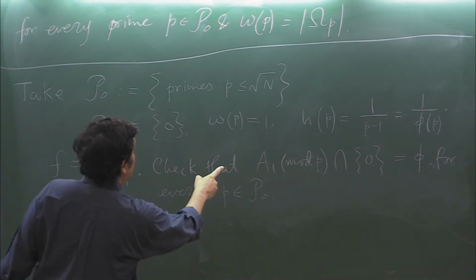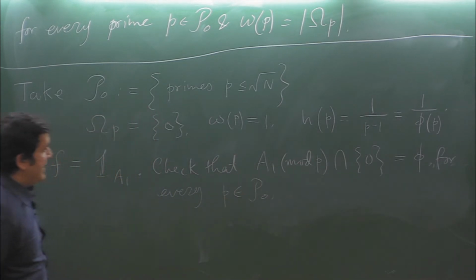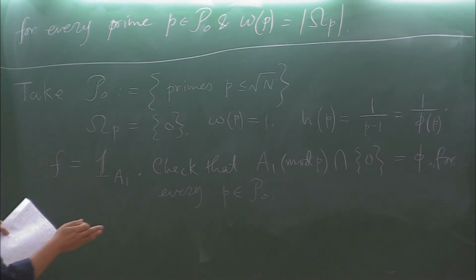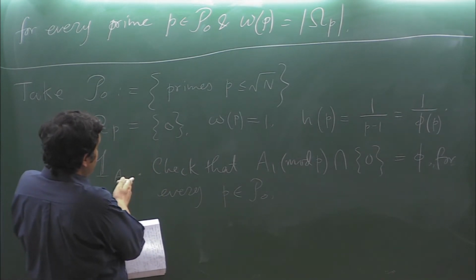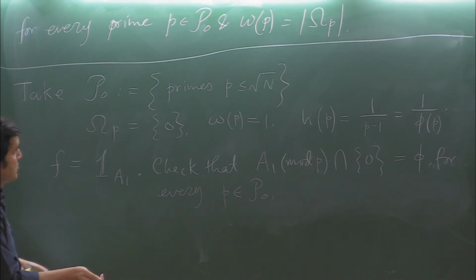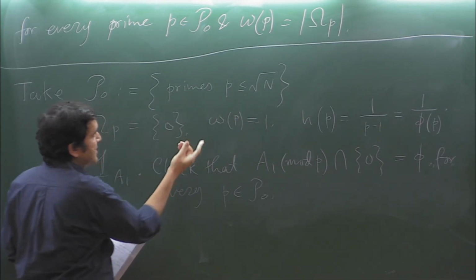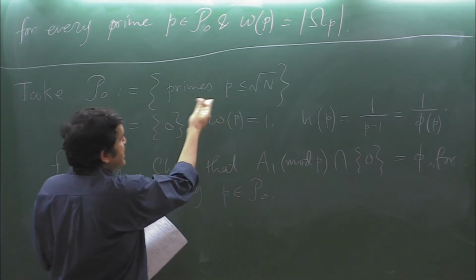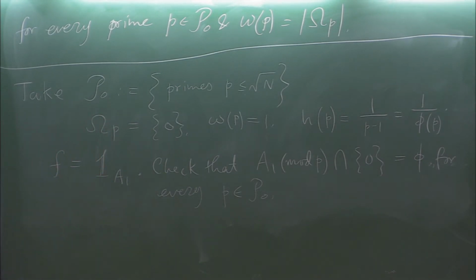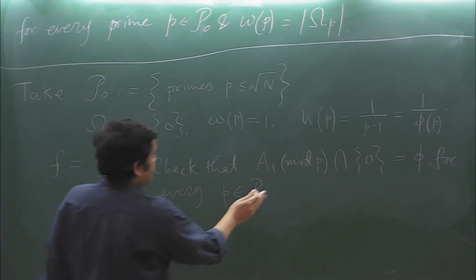And indeed, what is A1? A1 is a subset of A, and A we started with a subset of the primes, and A1 was between root n and n. So all the elements of A1 are prime numbers larger than square root n, and I have taken P naught to be primes smaller than root n. So obviously, a prime number is not divisible by a smaller prime number.